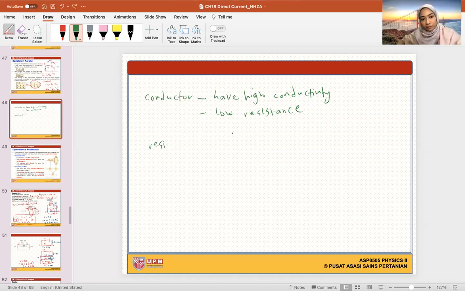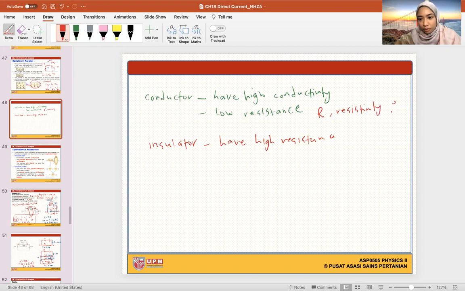The opposite to a conductor is an insulator. Use red now. So insulators have high resistance and low conductivity. The symbol for resistance is R, whereas resistivity is rho.